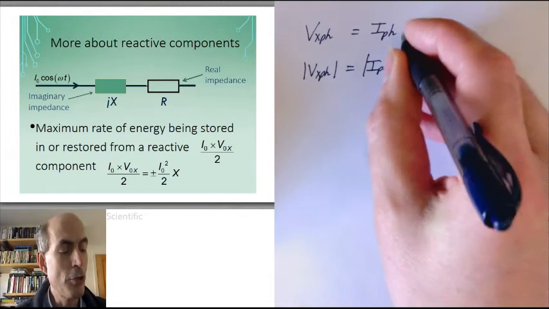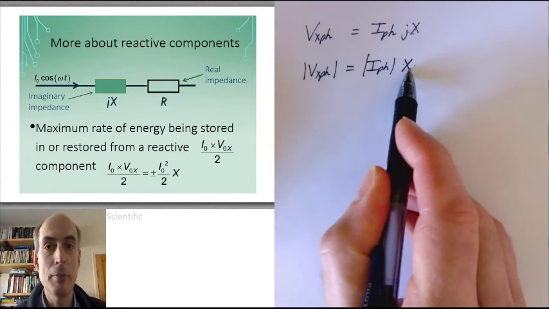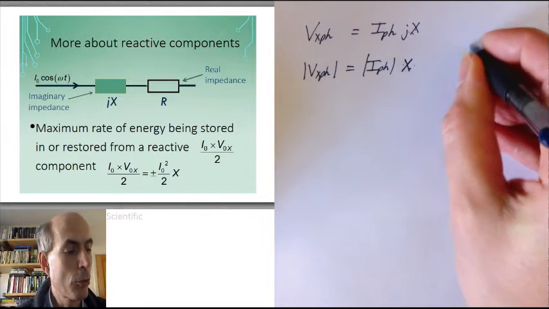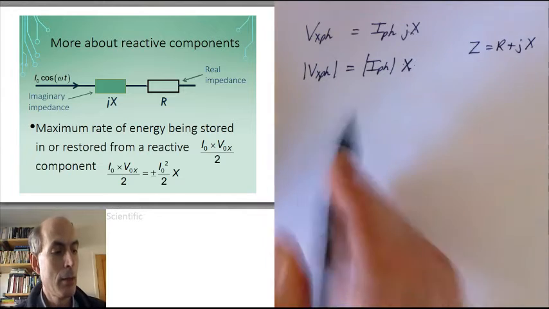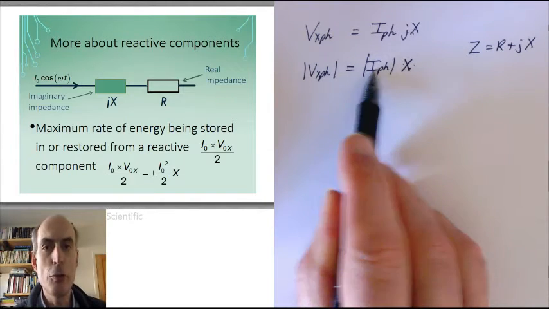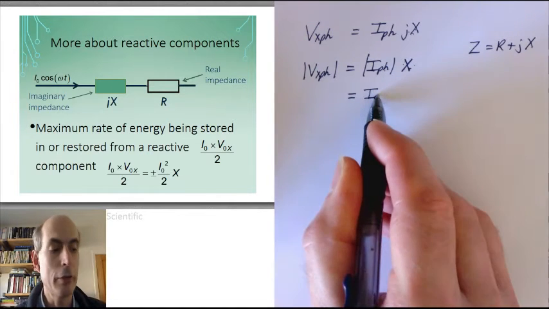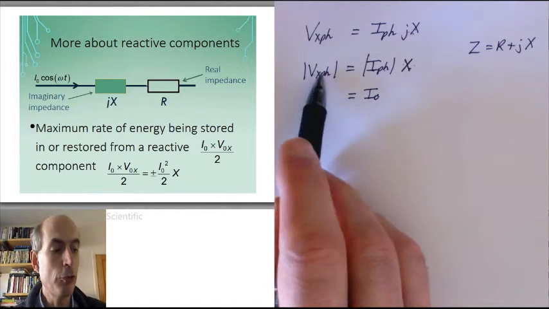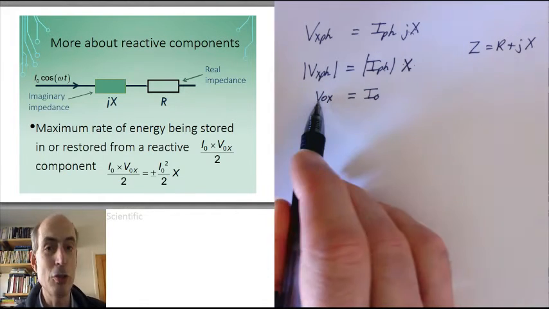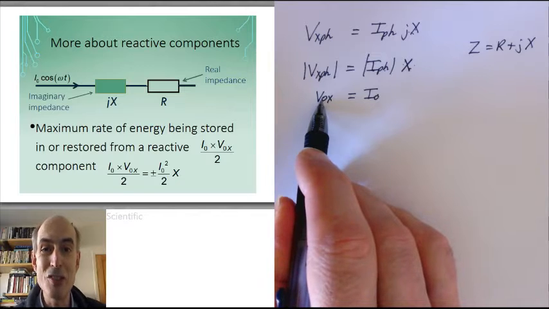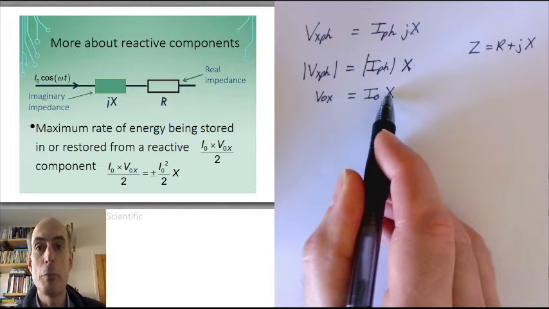Well, the magnitude of jX will just be equal to X. By definition, X is a real number. The total impedance is R plus jX. The magnitude of the current phasor is just equal to I0, the amplitude of the current. The amplitude of the voltage phasor is just going to be equal to V0X, the amplitude of the voltage across the imaginary part of the impedance, X.